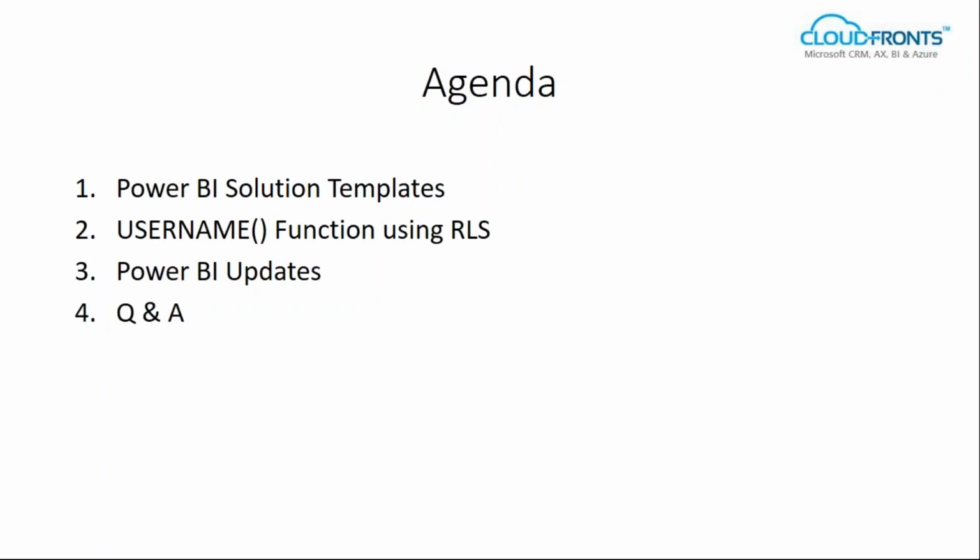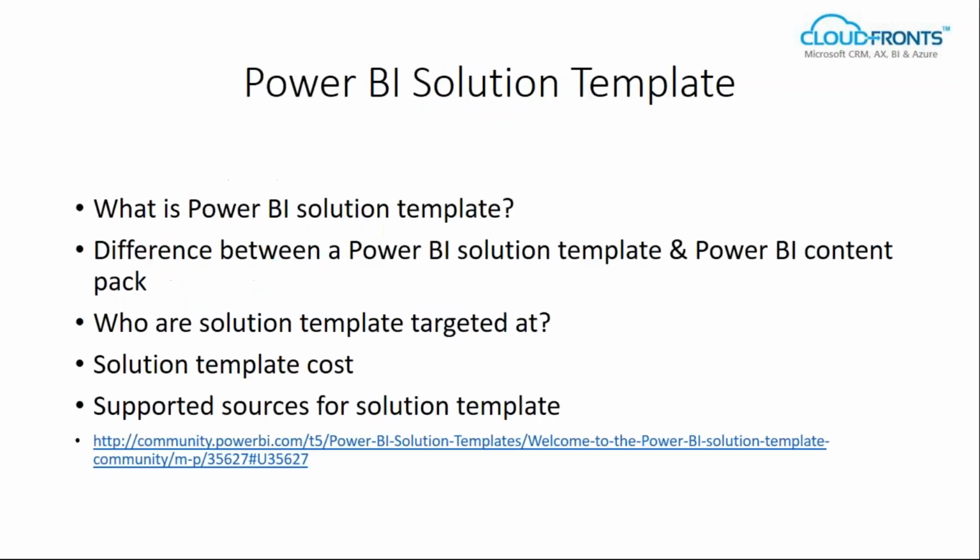We have already demoed it in the previous webinar last month, but in today's webinar we'll introduce one more function, that is the username function, with the help of which you can implement the RLS without the need of hard coding any security implementation. And then we'll have a look at the Power BI updates for the last month, followed by the Q&A session.